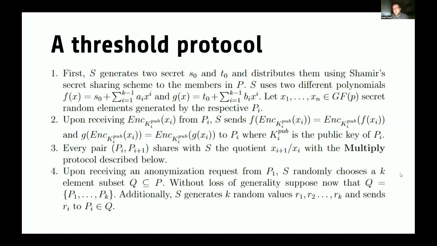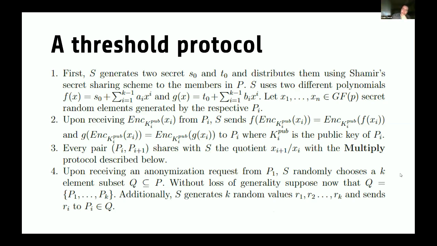So we have to use a fully homomorphic encryption scheme in step 2. First of all, every participant encrypts this x value with his own public key and sends it to the server. And the server evaluates the polynomials f and g over this encrypted value. Since this is a fully homomorphic encryption, it will be the same as if the server evaluates the polynomial over the x value and then encrypts it and sends it back to the participant.